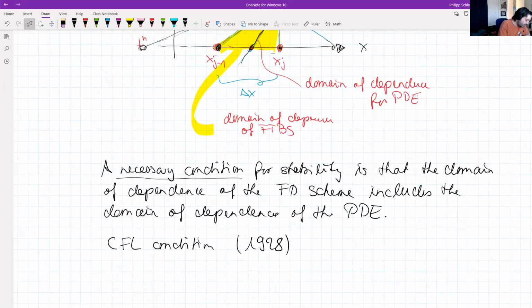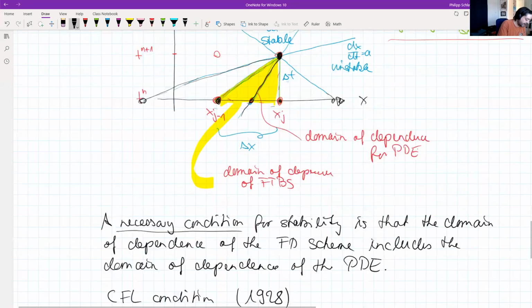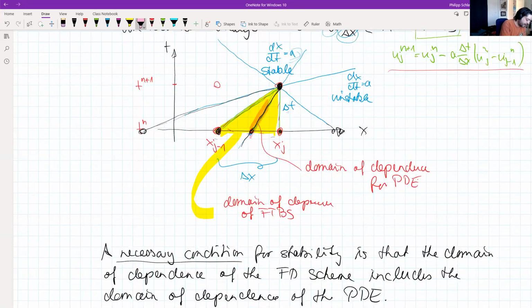There's actually a more sloppy way of interpreting this, in particular for the forward time backward space scheme. But in fact, it works for most other time integration schemes as well. One way of viewing that is that if this is the information that travels, the idea is that this information is not supposed to travel more than one grid point. That's what you see here. It should not travel from xj minus 1 to xj plus 1. It should just travel within one grid point.